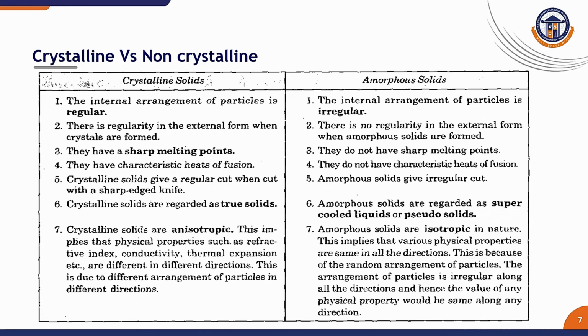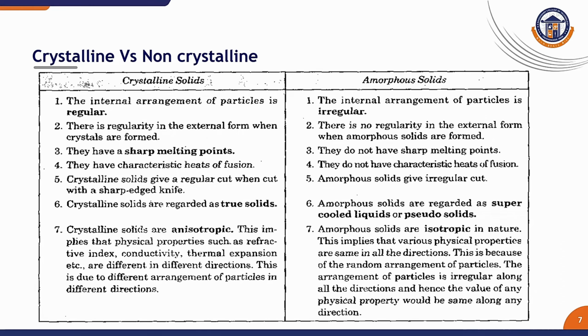Crystalline and non-crystalline solids, the difference. Let us compare the two. Crystalline solids have a regular arrangement of particles, sharp melting points, and a characteristic heat of fusion. They are anisotropic.